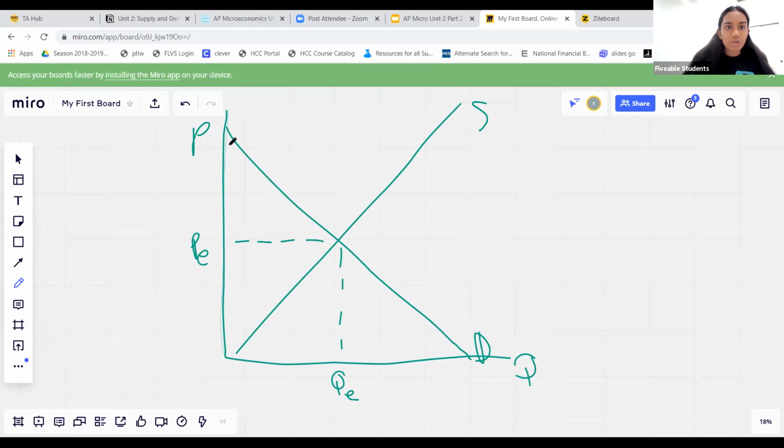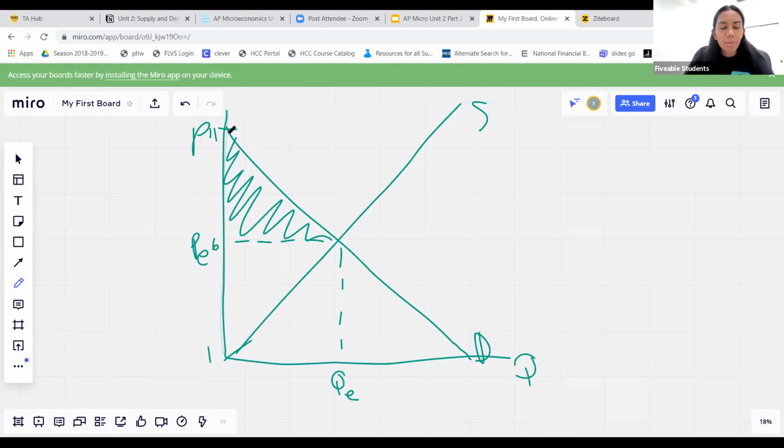And we're saying that this is all consumer surplus. That makes sense because along this demand curve, let's say that this price up here is $11, and then this price right here is $6, and then this is $1.